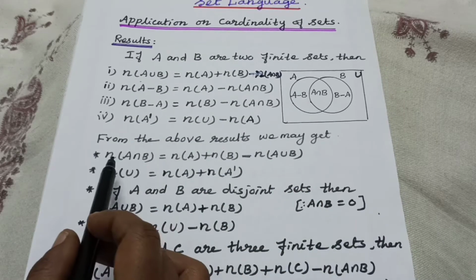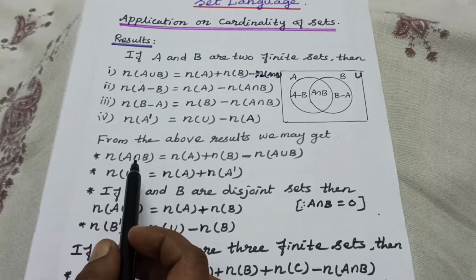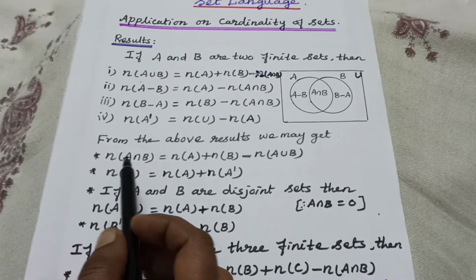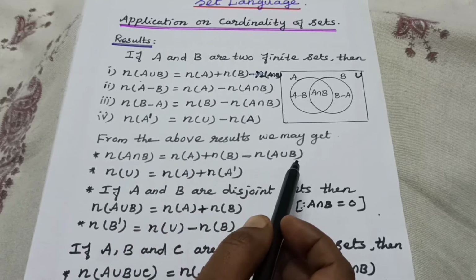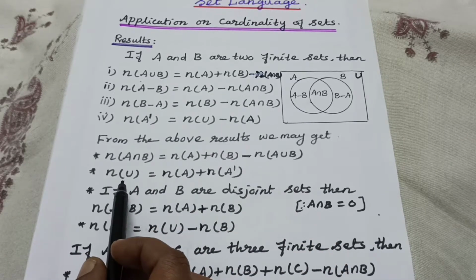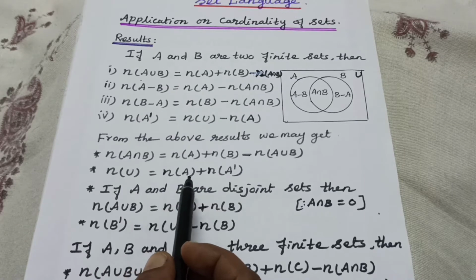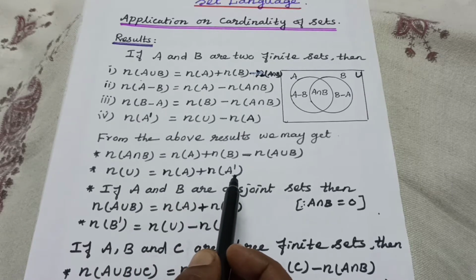Suppose n of A intersection B, both A and B, if you want to find it, then this formula we have to use. Then n of universal set is equal to n of A plus n of A dash.